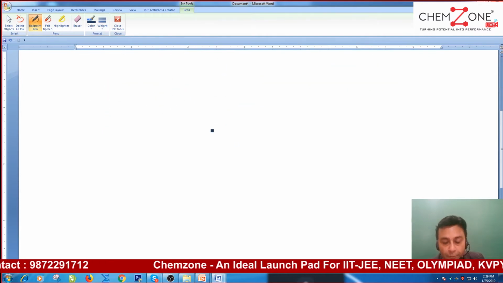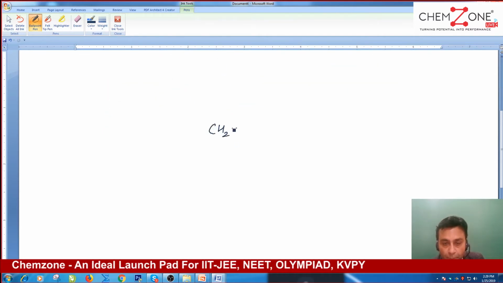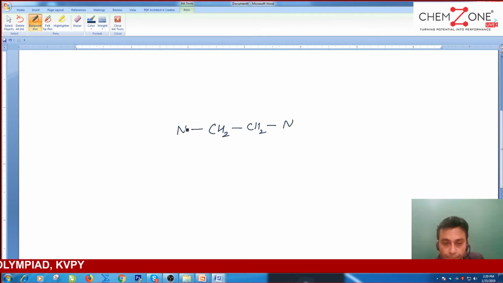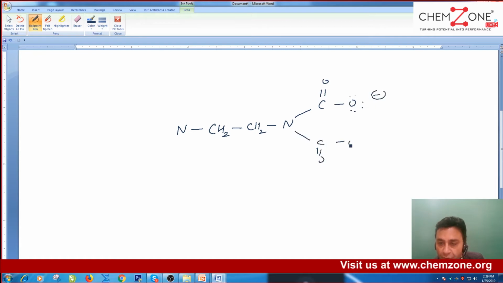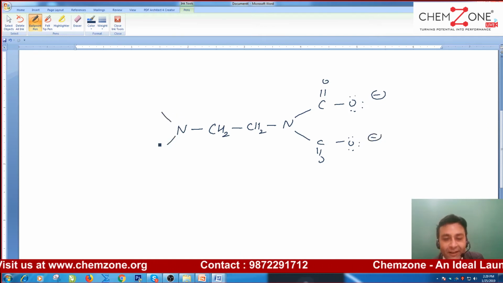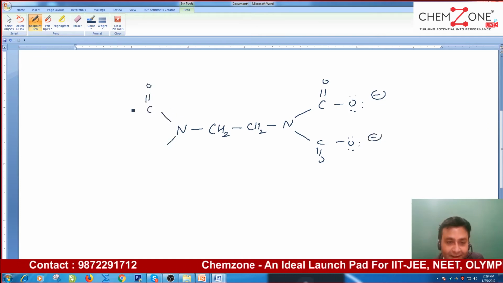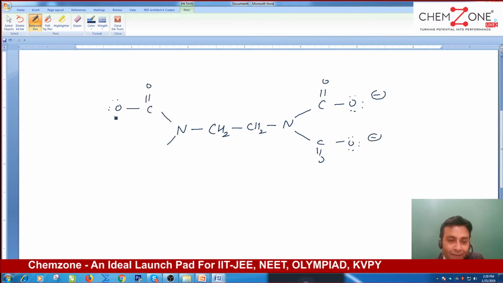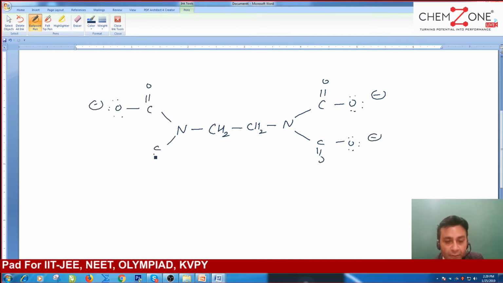Now, this structure that I am drawing here, I'm calling it a simple structure, but you might be thinking it is a big one. Actually, it is not so big, it is very simple. We only have to understand it step by step.